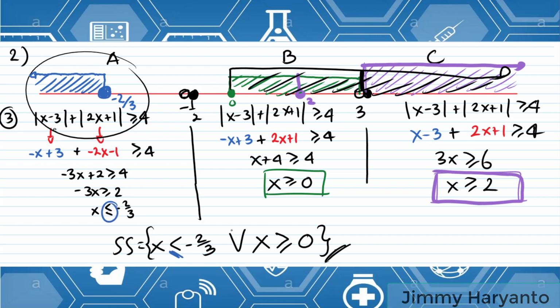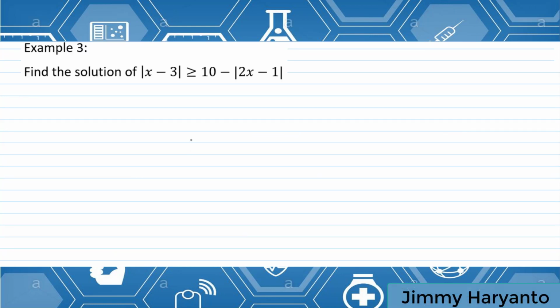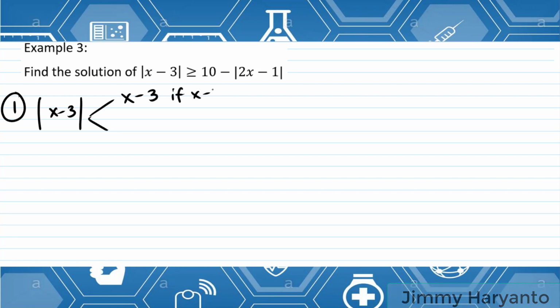Okay guys, let's go to example 3. Okay, this is example 3. As usual, we have to separate the absolute. X minus 3 will become x minus 3 if x minus 3 greater than or equal to 0, x greater than or equal to 3, negative x plus 3 if x less than 3.